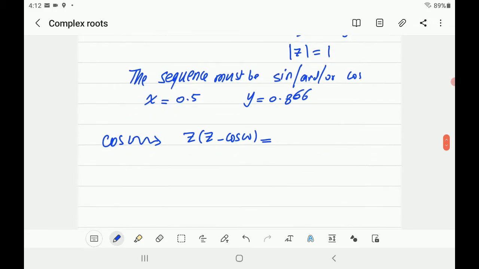How do you find omega? You just say omega is equal to tan inverse of y over x. If you do it in the calculator or MATLAB, maybe you will not get a perfect pi over 3, but it doesn't matter. Use the decimal. I'm going to do it now, just to put the real result using MATLAB. Calculate arctan of 0.866 divided by 0.5.